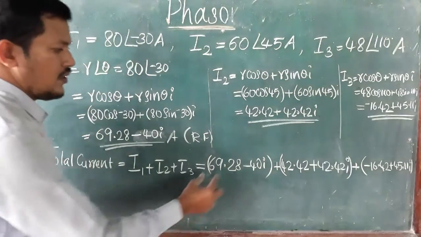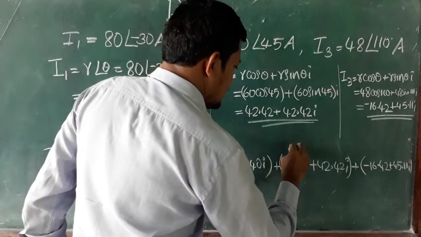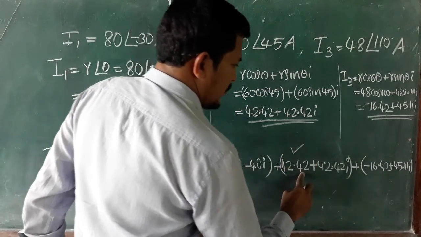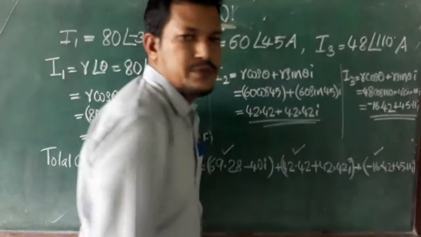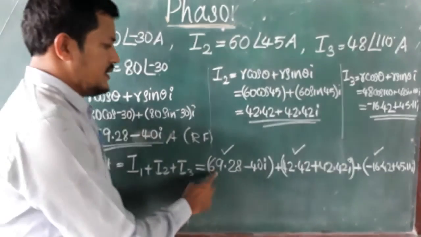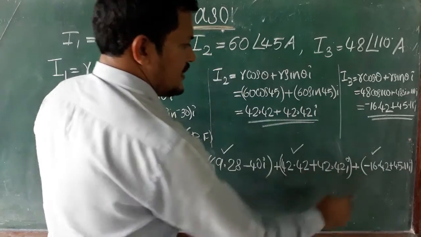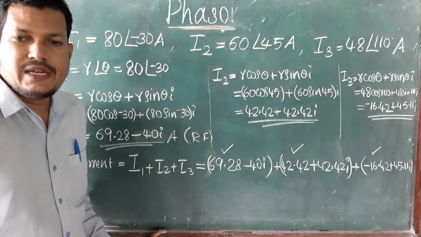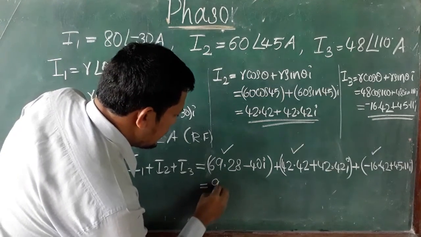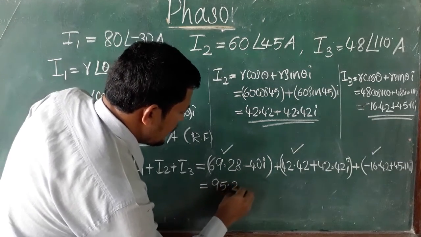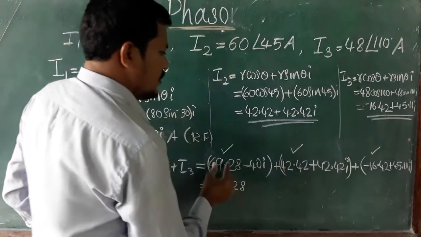Now we can add all the real parts. The real part is 69.28 plus 42.42, here minus 16.42. So adding 69.28 plus 42.42 minus 16.42, we will get 95.28. All the real parts we added.